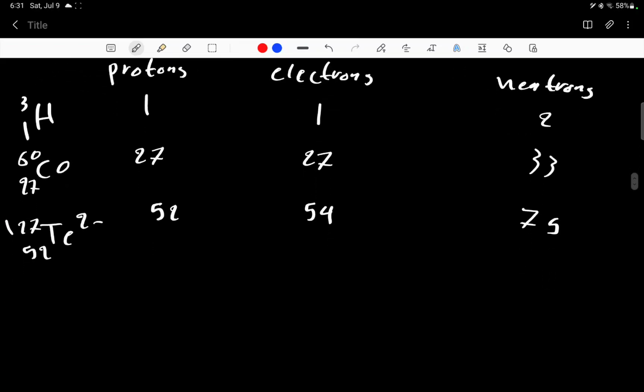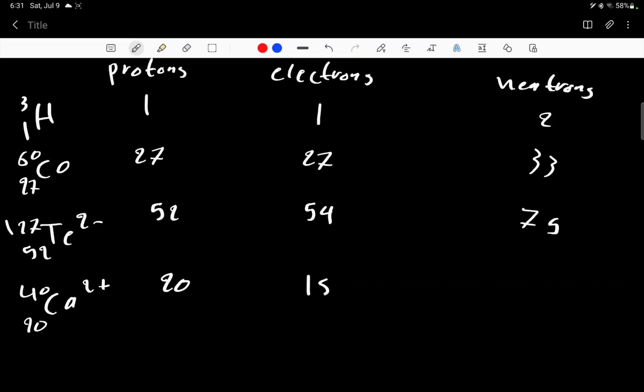One last example is going to be the calcium 2 plus, which has an atomic mass of 40 and an atomic number of 20. So the number of protons is going to be 20 because again the atomic number is 20. For the number of electrons, it's gonna be less than the number of protons by 2.